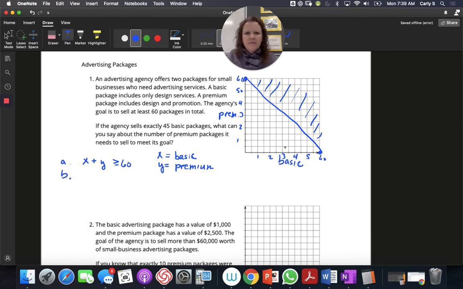B is, I think, pick an ordered pair that works. Let's go here. That means if we sell 40 basic and 40 premium, we have sold greater than or equal to 60 total. I think that was question C.